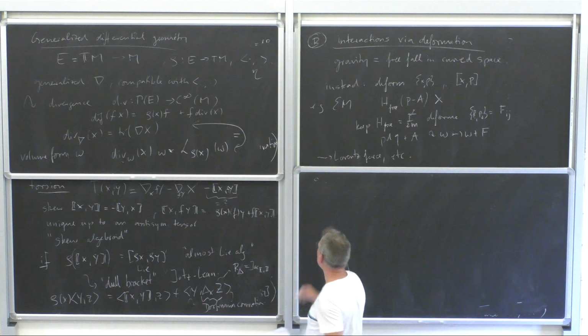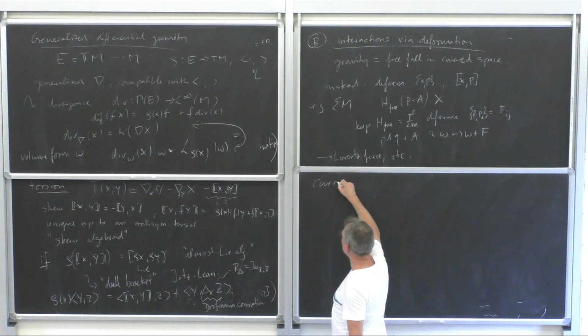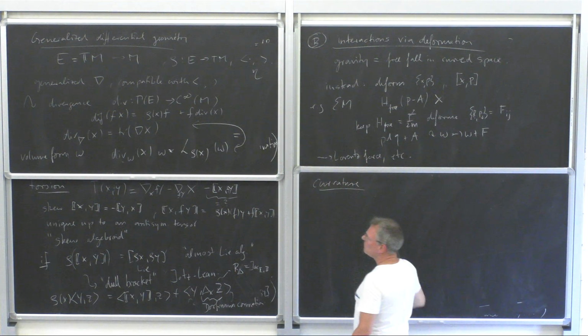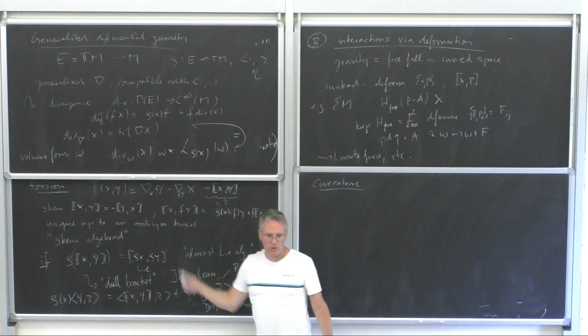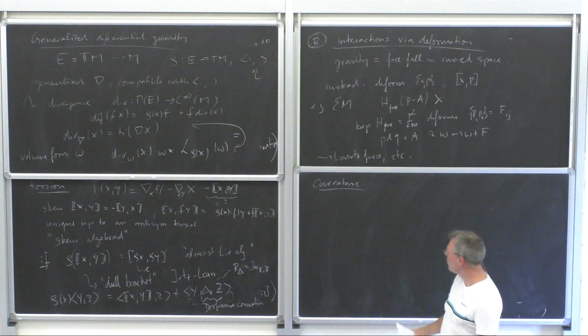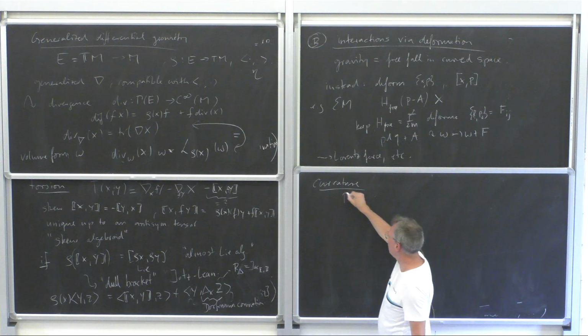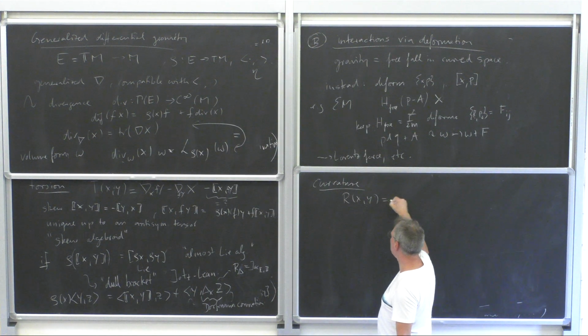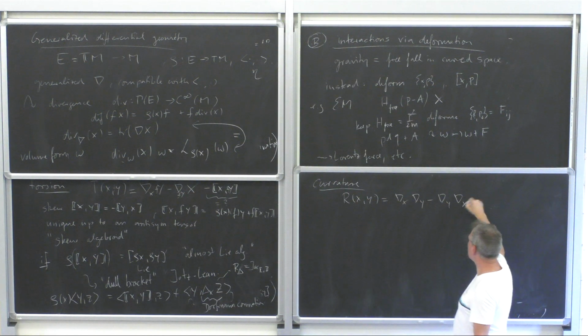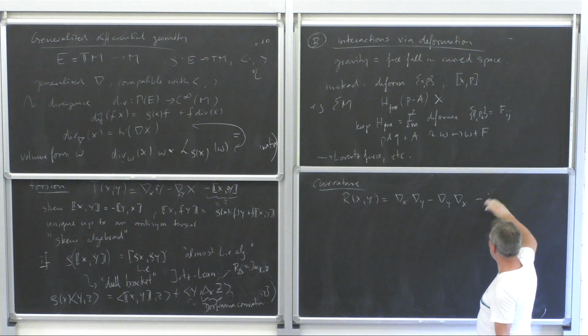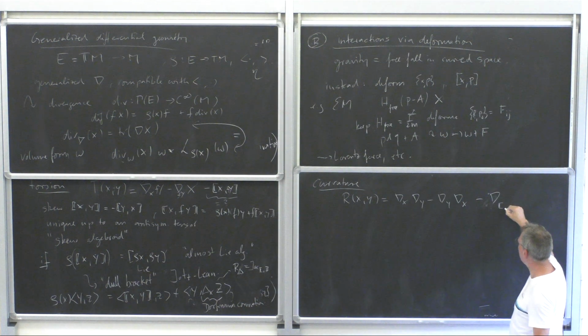Curvature. And this is a somewhat more user-friendly approach where we introduce this additional structure, but we still need to fix it. Curvature just has the usual formula then. It's a commutator of covariant derivatives minus the covariant derivative along the skew bracket.